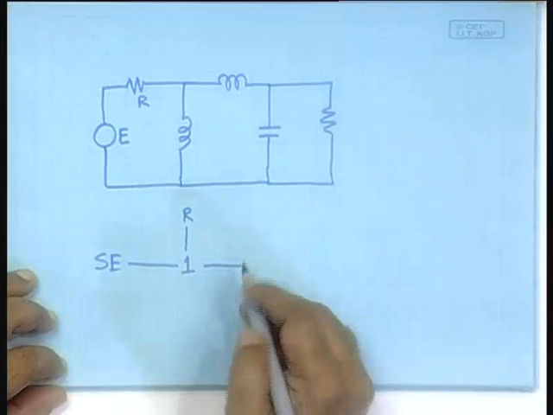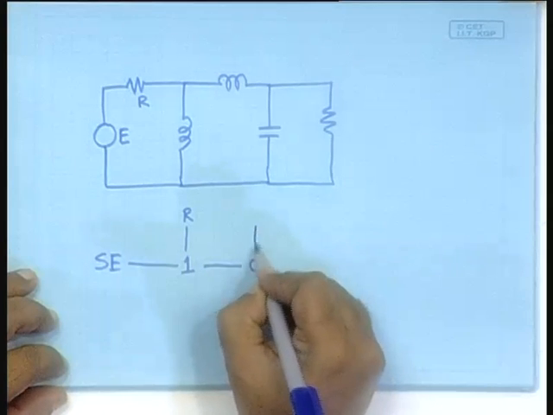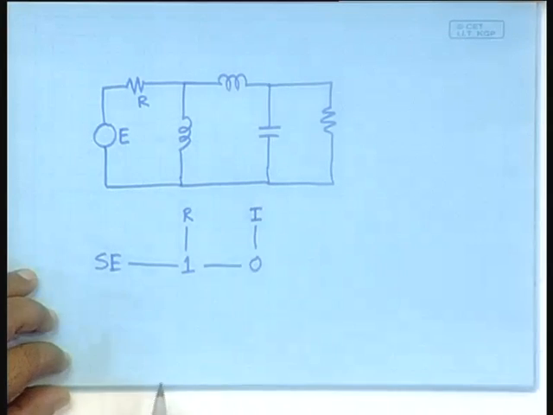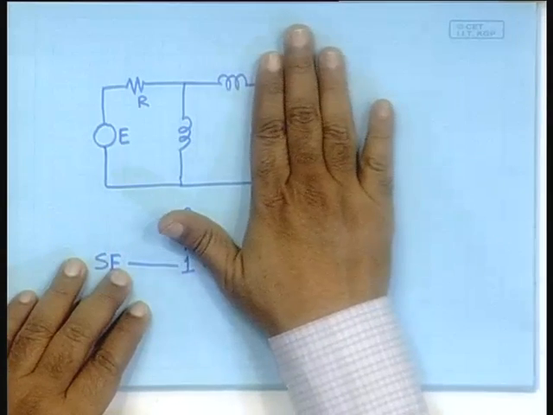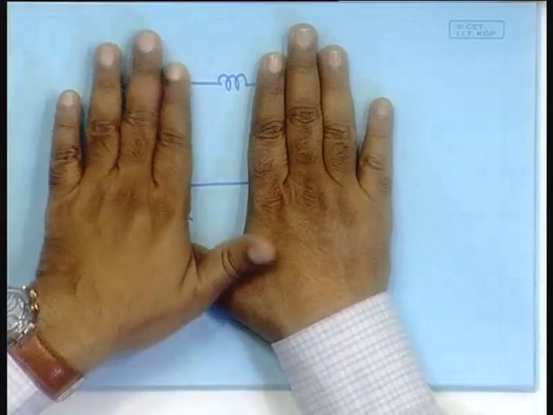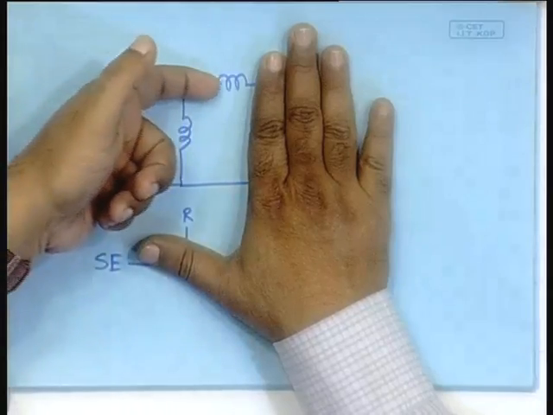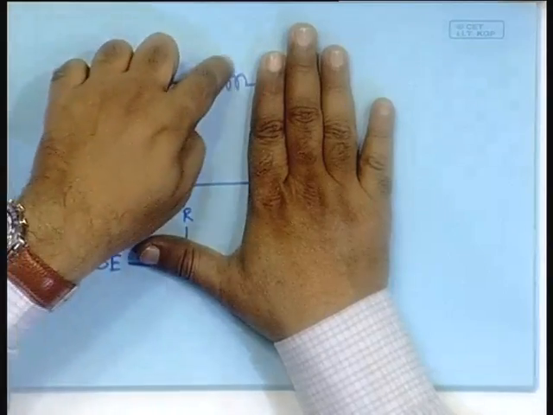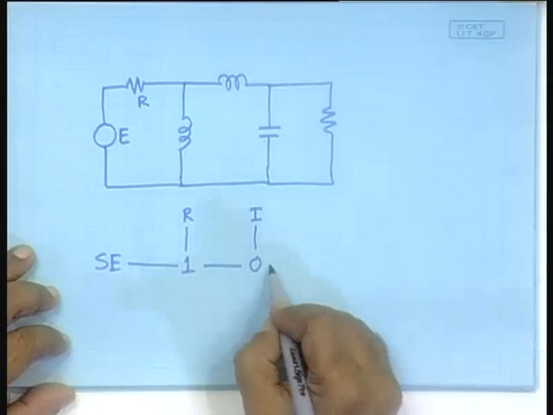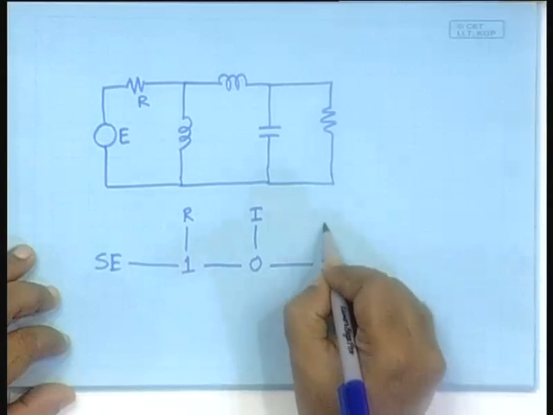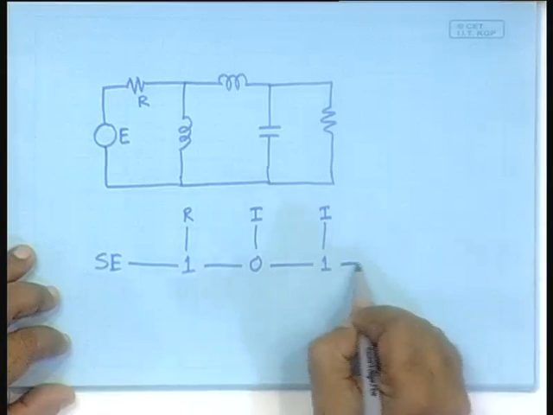So, it will be a 0 junction with the inductor I element in it. So, we have come to this point. Come here, this whole thing shares the same flow with this inductor and the rest of the system. So, it is a one junction with I with the rest of the system.